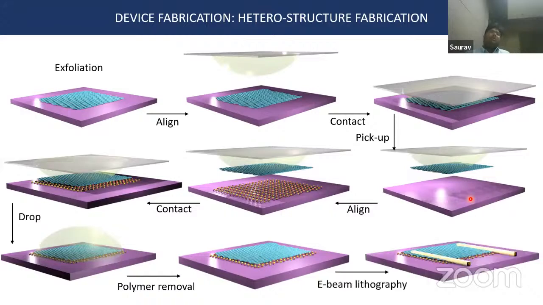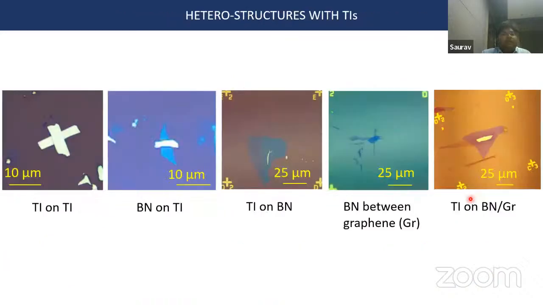We remove the polymer, and eventually we do electron beam lithography, followed by thermal evaporation or sputtering of gold contacts. So these were some of the typical 2, 3 or 4 layer samples that we have fabricated during our work on these materials.